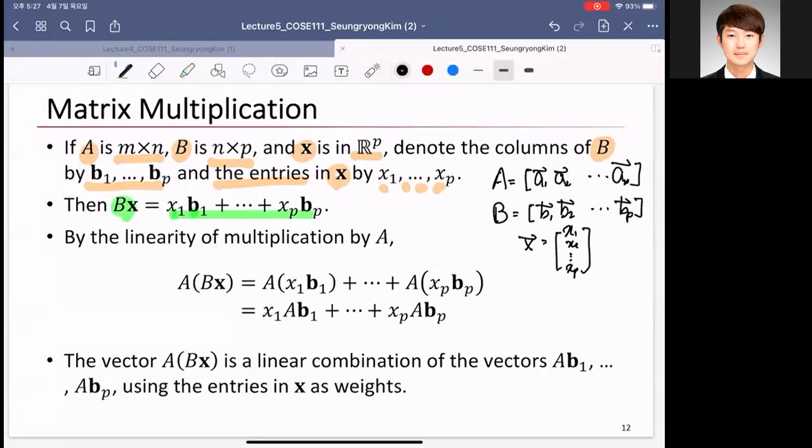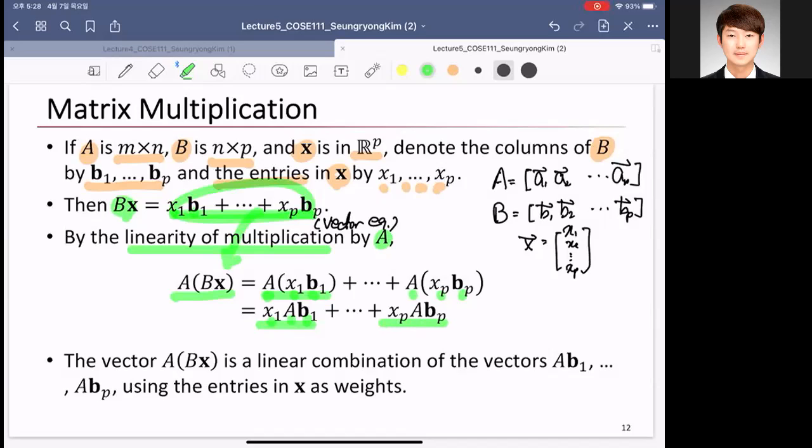By the linearity of multiplication by matrix A, A times BX can be represented by A times X1 B1 through A times XP BP, which can be written as X1 AB1 plus ... plus XP ABP.